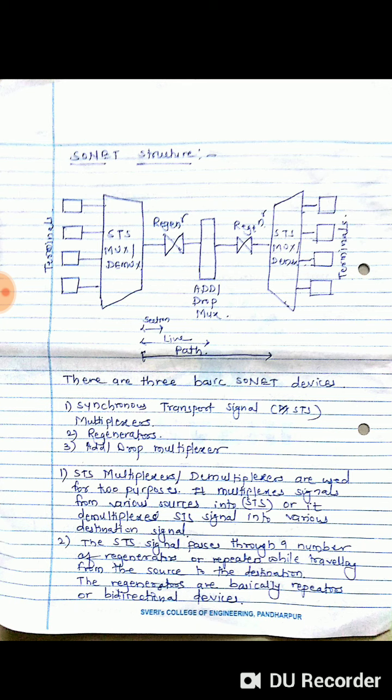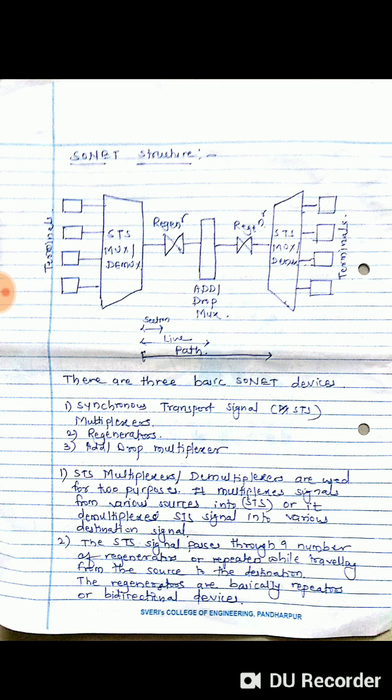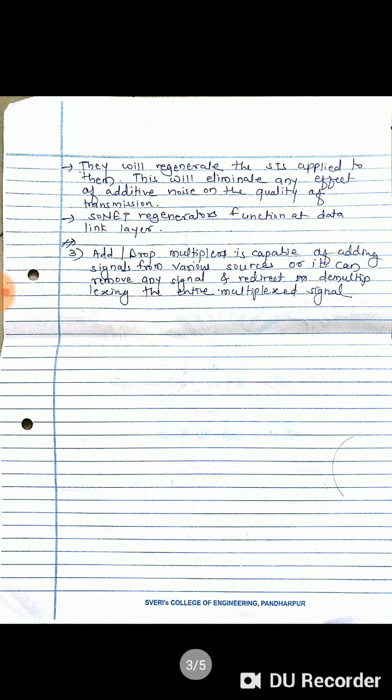So based on the application, this particular block's functioning is selected, whether it will act as mux or demux, whether it can act as an add multiplexer or as a drop multiplexer at the central side. So here 4 terminals are shown. We can use n number of terminals based on our requirement. So this is the SONET structure and its basic working principle.